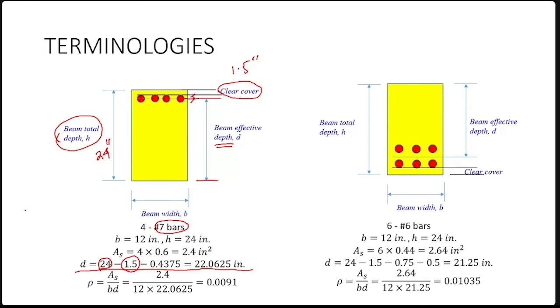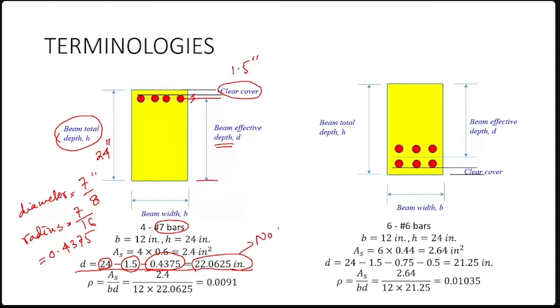The diameter of a number 7 bar is 7/8 inches, so the radius is 7/16 inches, which means 0.4375. So you subtract this, and this is how you calculate the effective depth. No rounding; one or two digits is enough, but rounding is not required.